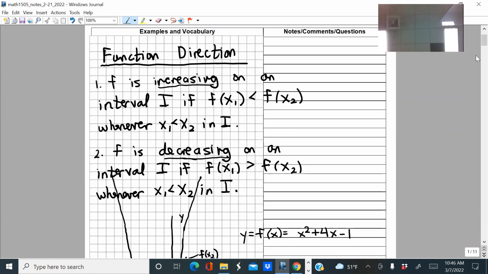We try to describe where a function is increasing or where a function is decreasing. I have written here a technical definition for increasing and decreasing. When you look at this, it looks very complicated, but it's really not.